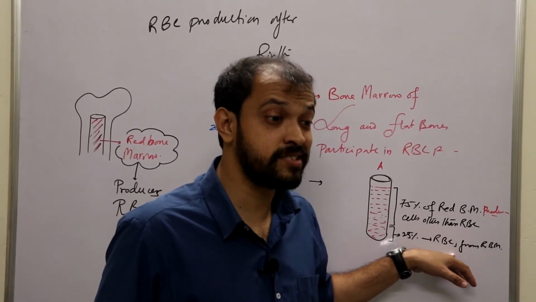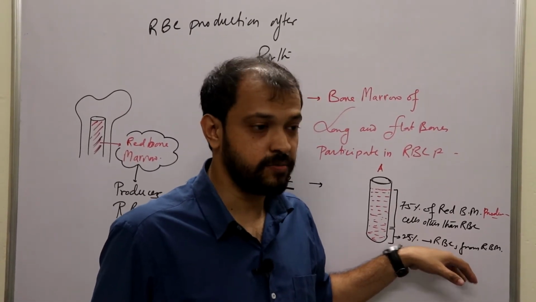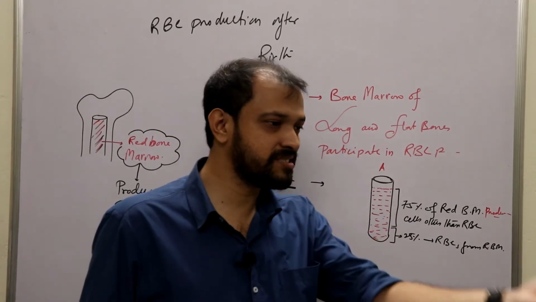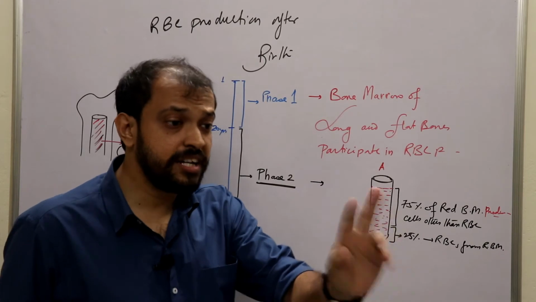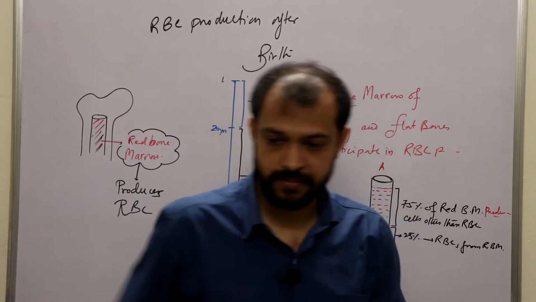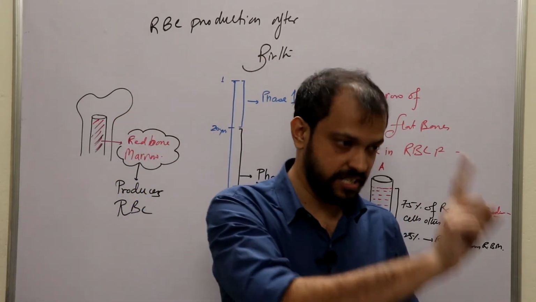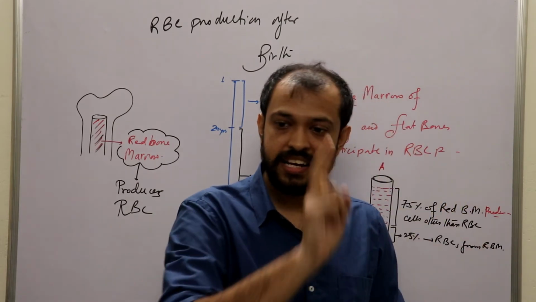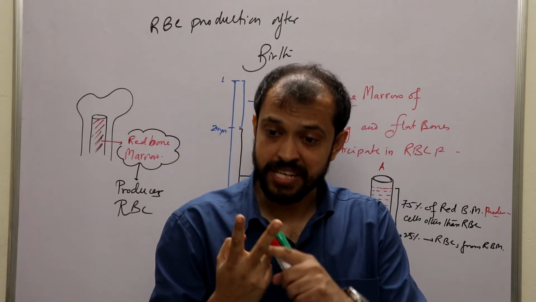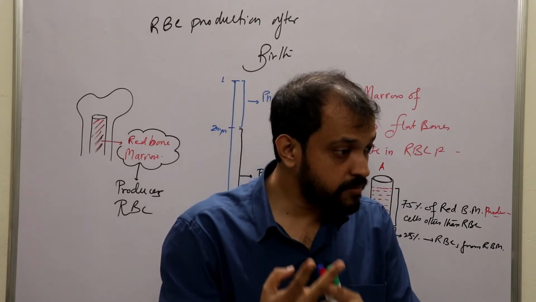RBC is one of the cells in that tissue. What is a tissue? You can say tissue is a collection of cells, but these are rubbish definitions. Tissue has two components. Number one, it has cells. Number two, it has some material, some media.